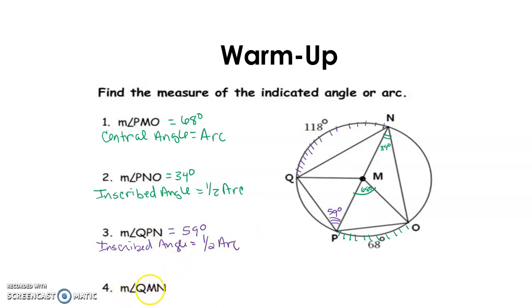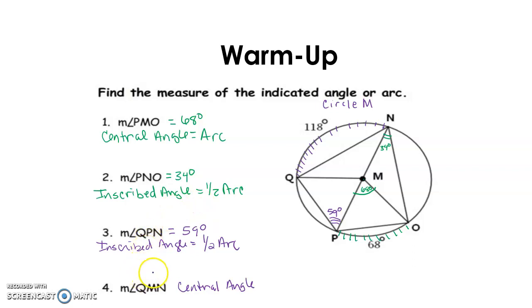And then angle QMN. QMN. This one is a central angle. The vertex of the angle is at the center of the circle. Remember, this is circle M right here, because we name circles for the center point.